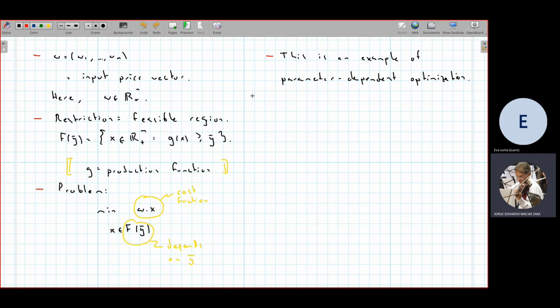Meanwhile, I'm going to provide another example. So this is example number 5. And this example is called consumption leisure optimization.